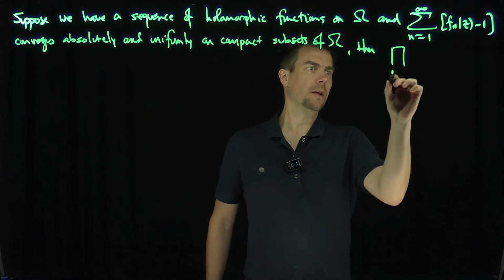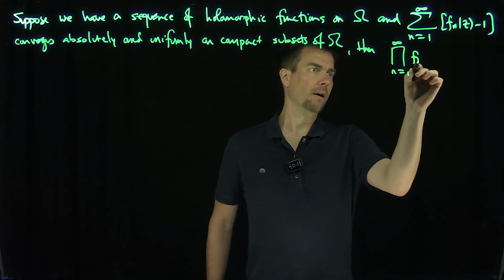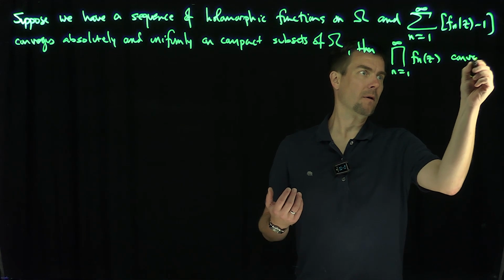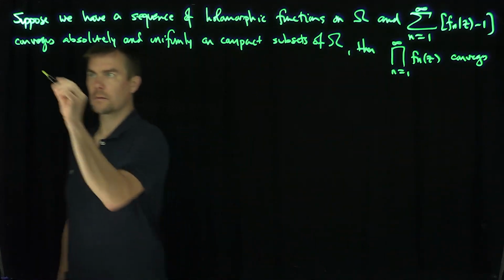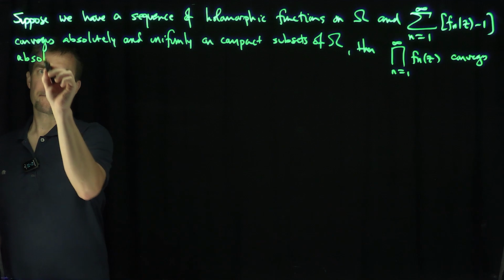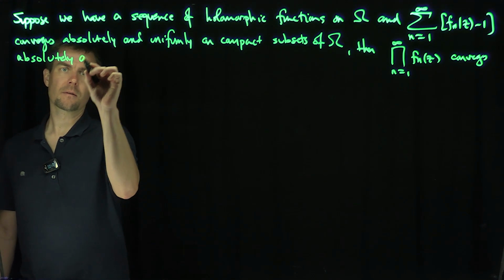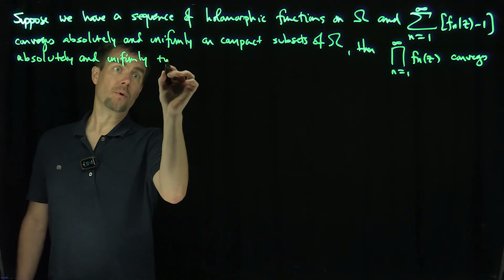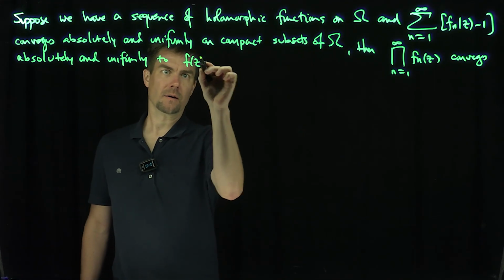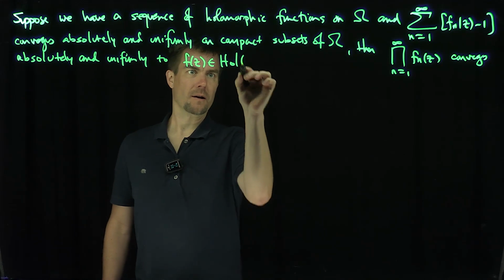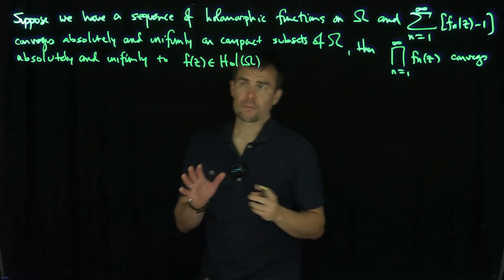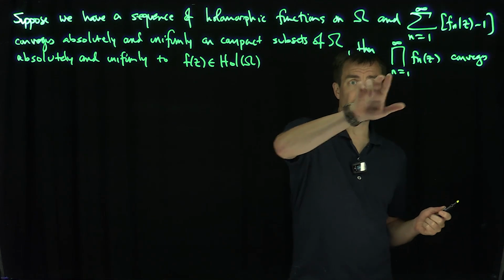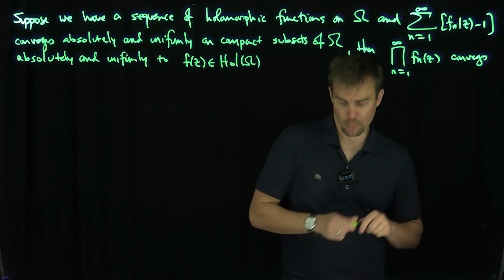the product n goes from 1 to infinity of fn of z converges absolutely and uniformly to f of z, which is holomorphic on omega. And moreover, f of z will be equal to 0 if and only if a finite number of terms in this product are 0 at that point.